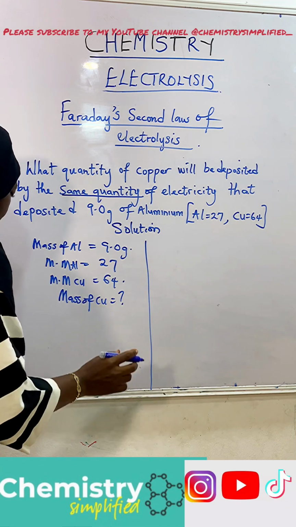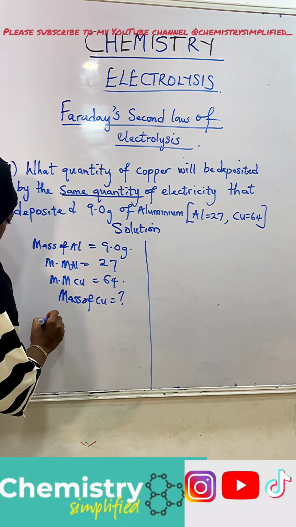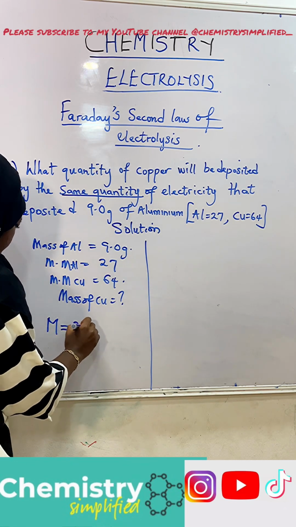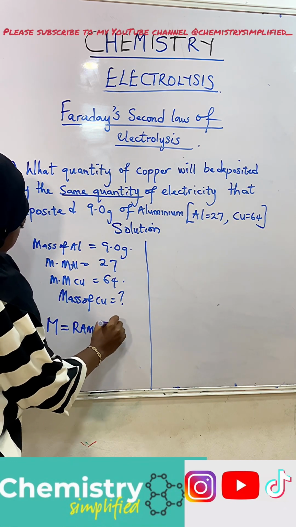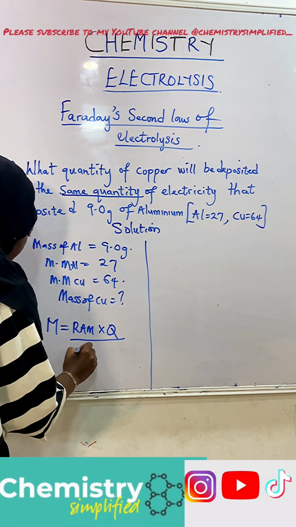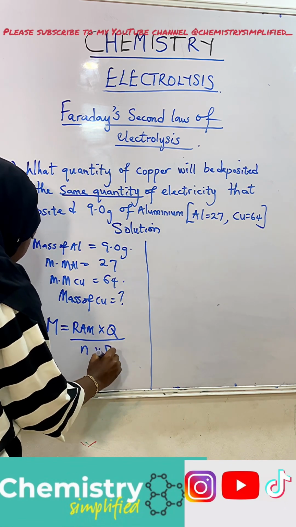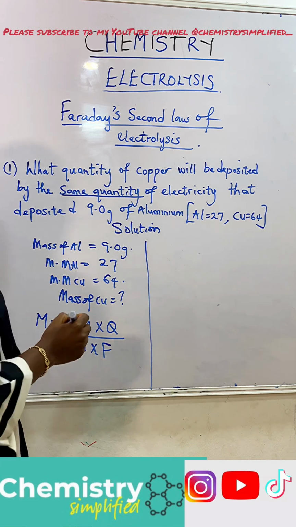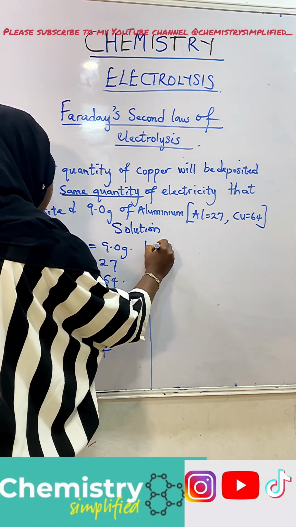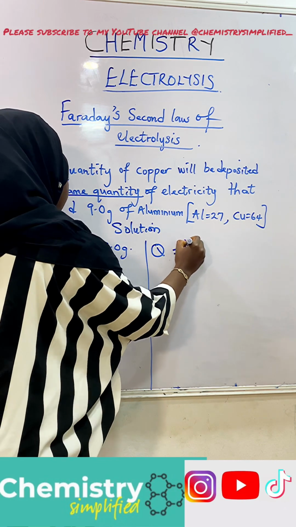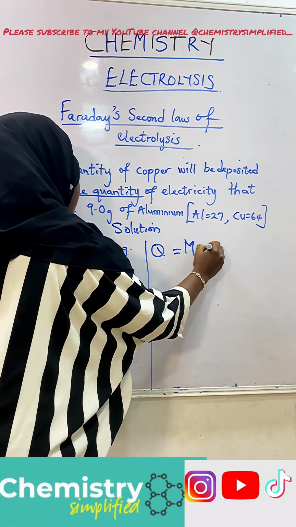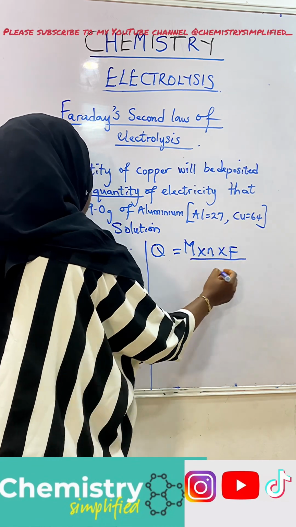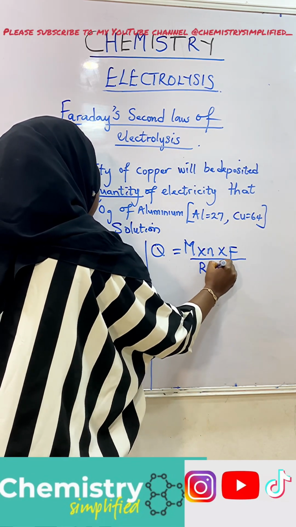Let's quickly go back to our formula of mass equals relative atomic mass multiplied by Q, all over number of charges times Faraday constant. Do you still remember this? Now, from here, if you make Q the subject of the formula, we have Q equals mass times number of charges times Faraday constant, all over relative atomic mass.